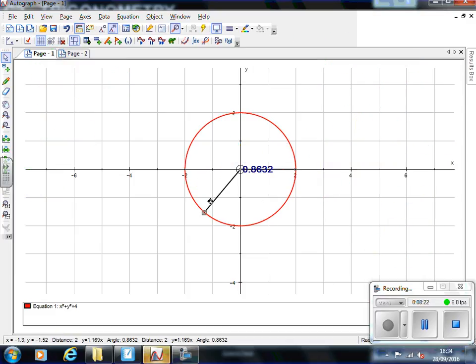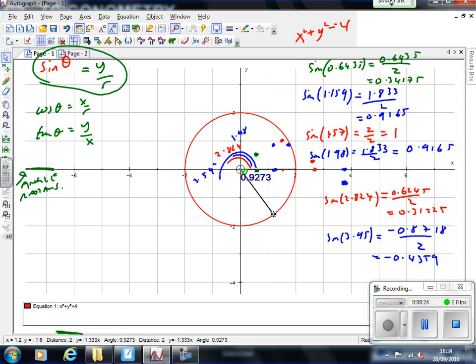So I'm going to go all the way around this time. So again, that's found the shortest distance, so I'm going to have to do 2 pi subtract 0.9273. So the whole angle I've gone round here is 5.3559.